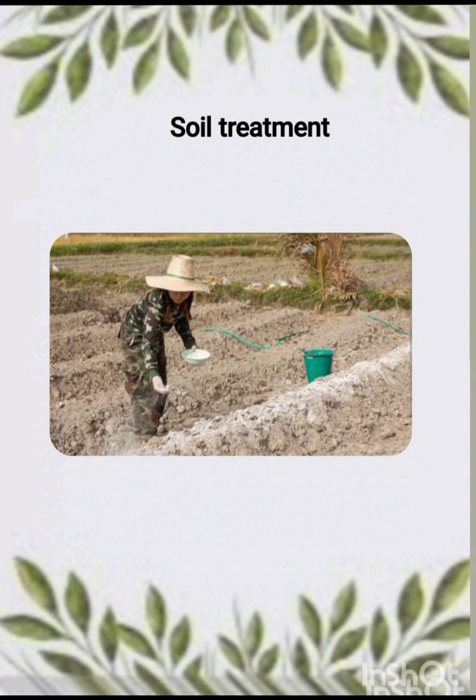When the soil is too acidic, it is treated with bases like quicklime, calcium oxide, or calcium hydroxide. If the soil is basic, organic matter, meaning compost, is added to it. Organic matter releases acids which neutralize the basic nature of the soil.